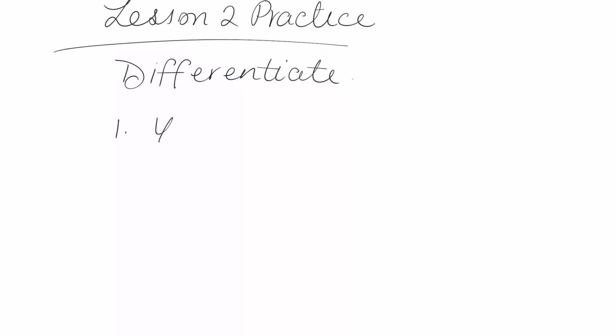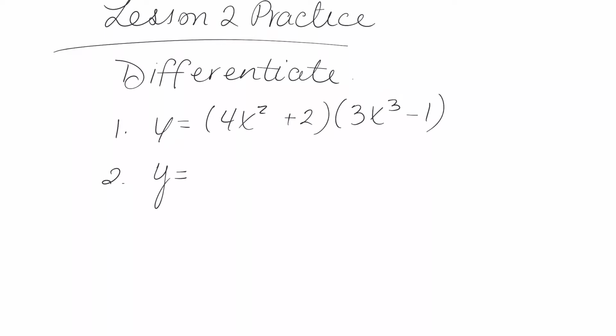So you're going to go, number 1, y equals 4x squared plus 2 over 3x cubed minus 1. Number 2, y equals the square root of x times 5 minus the square root of x.